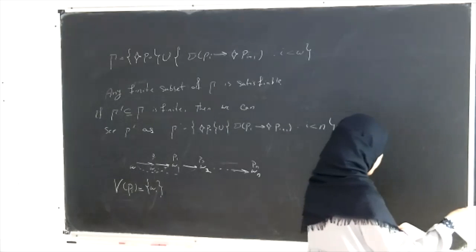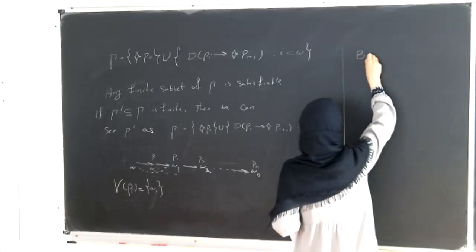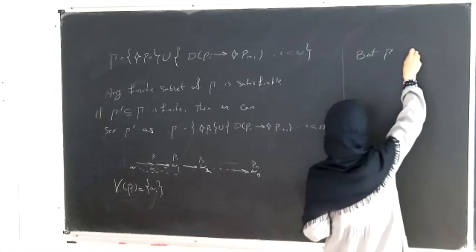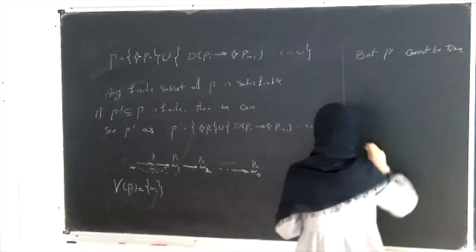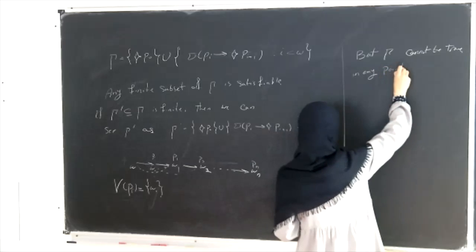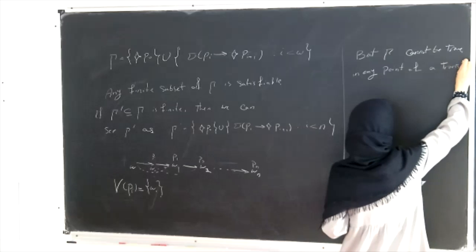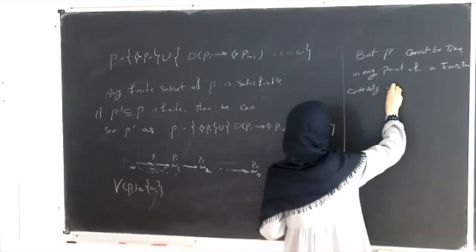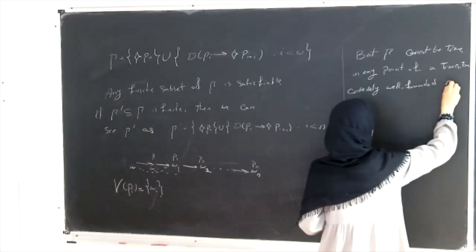But gamma cannot be true in any point of a transitive conversely well-founded model.